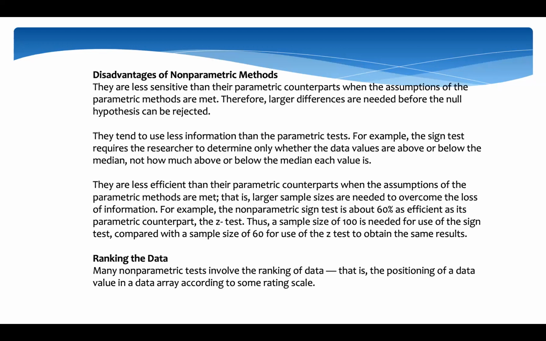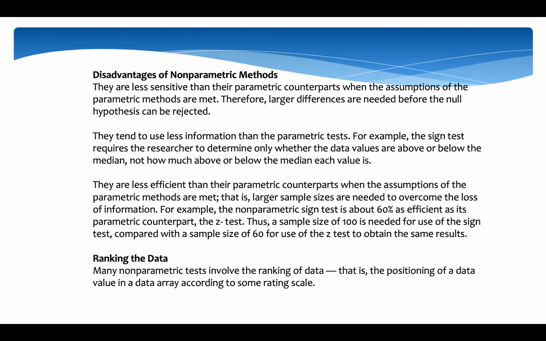But if it is a parametric test and the data is normally distributed and randomly sampled, then even a smaller sample will be more accurate and more reliable to take to the population. So for a non-parametric test, we need to use a lot more sample to apply the same test to the population.